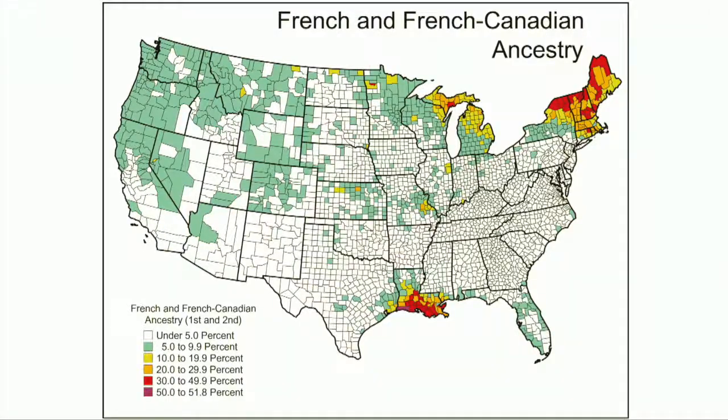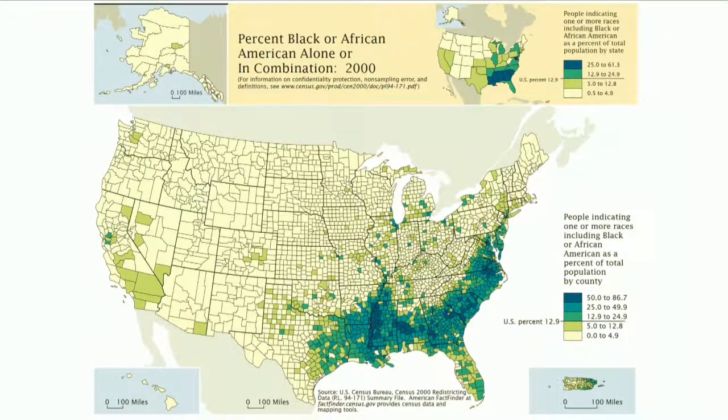The French and the English fought over different parts of North America in the 1700s, and French Americans of French and French Canadian ancestry are concentrated up in the northeastern seaboard bordering on Canada, but there's also an important concentration down in St. Louis, which used to be a French territory.